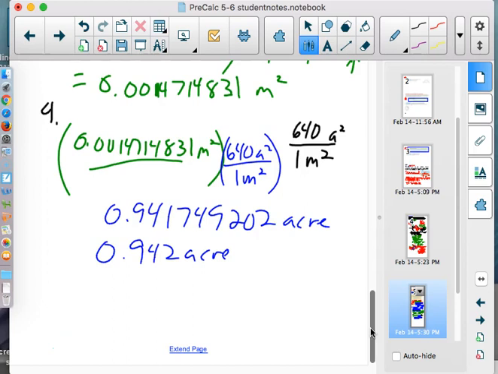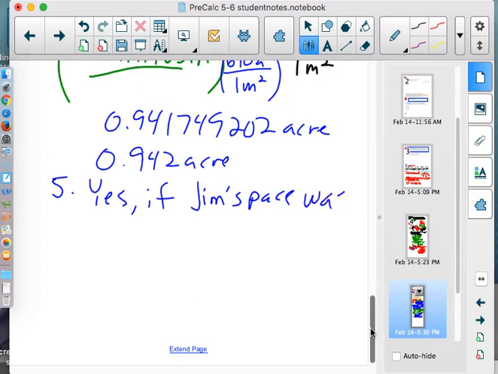So what does that mean? Well, that's what they want us to talk about in number 5. It says, is there good reason to doubt the owner's estimate of the acreage of the lot? Well, they said a little more than an acre. Yeah, if they measured Jim's pace accurately, there is reason to doubt their estimate. So yes, if Jim's pace was measured accurately, they should doubt the estimate.